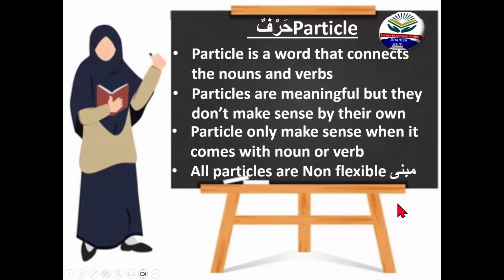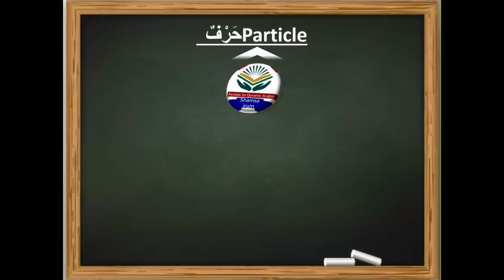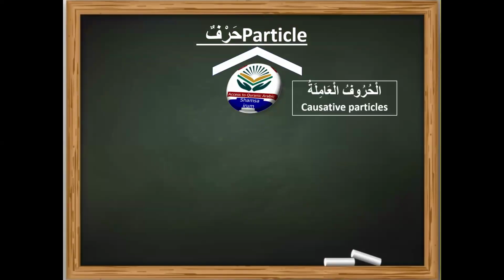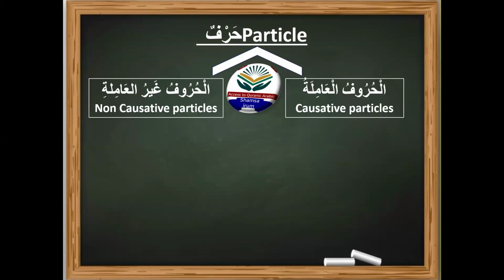As you know, conjunctions are also particles, that's why I start with particles. And as you already know, there are two types of particles. The first one is Haruful amila, meaning causative particles, and the other one is harufu ghairul amila, meaning non-causative particles. You covered both points when we did the prepositions, but I will repeat again, inshallah.